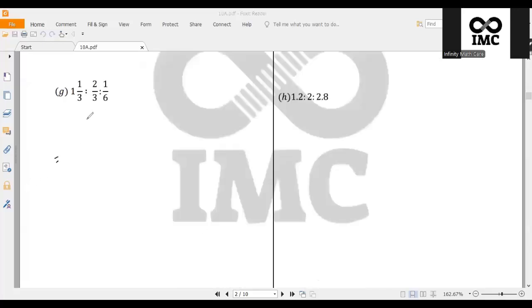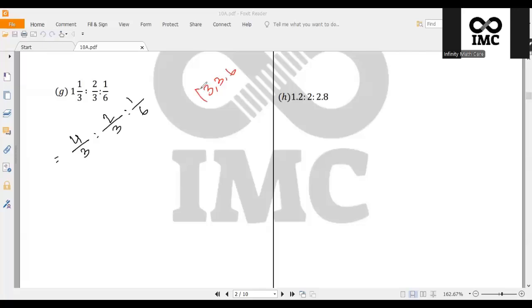Now question number G. Question number G says 1 whole 1 by 3 is to 2 by 3 is to 1 by 6. So here, 3 ones are 3 plus 1 is 4, is to 2 by 3 is to 1 by 6. Now we need to multiply each fraction by the LCM of the denominators. So what is the LCM of the denominators?